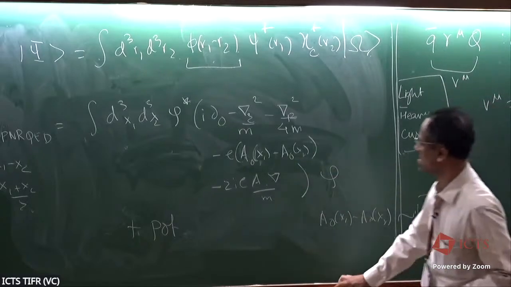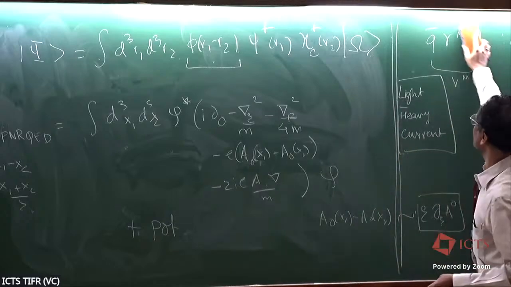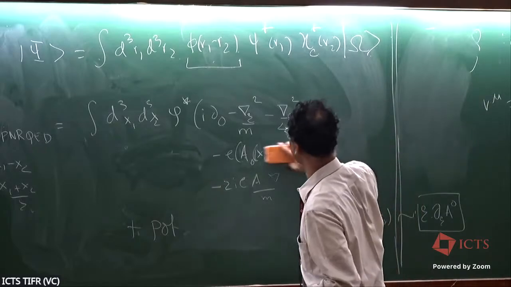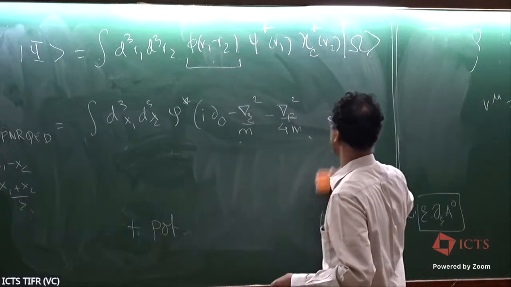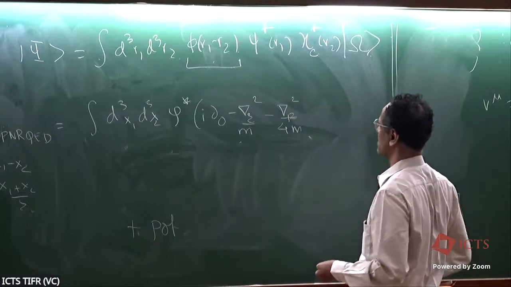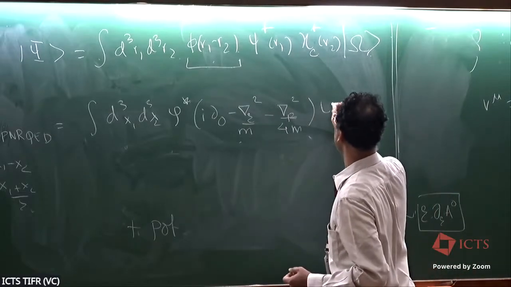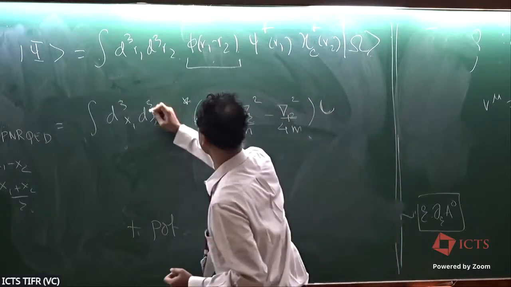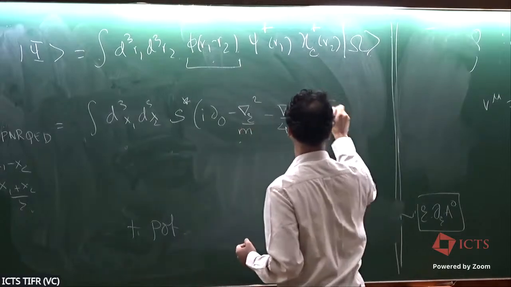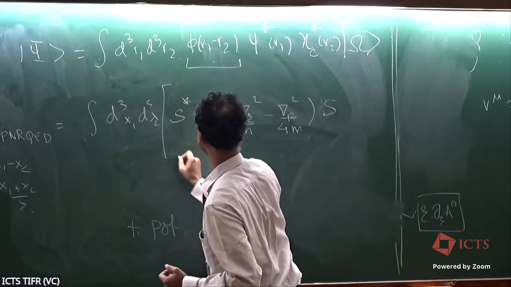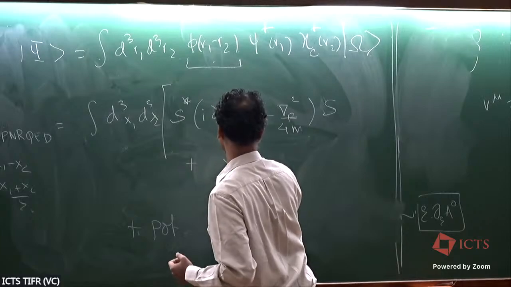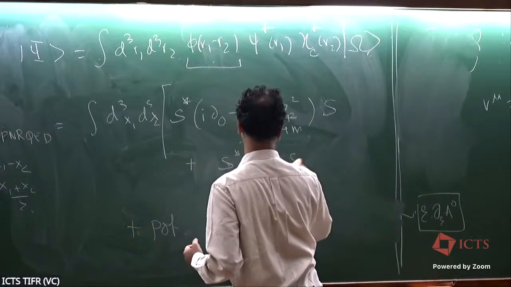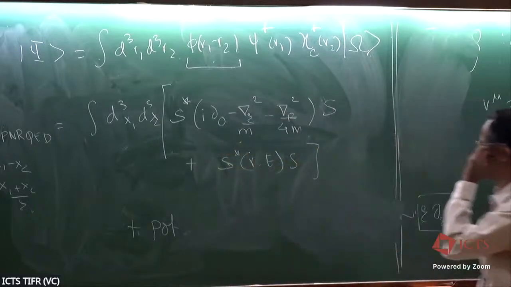So the final upshot is that after some simplification and redefinition, my Lagrangian looks like this, there's a redefined field S. Let me not go into that detail. Plus S R dot E.